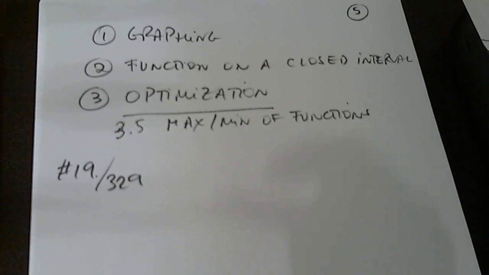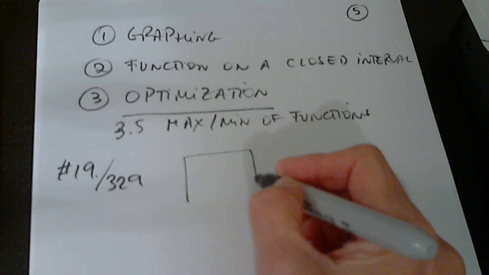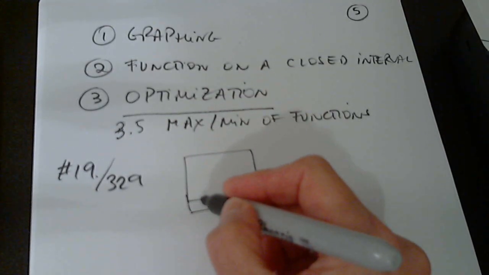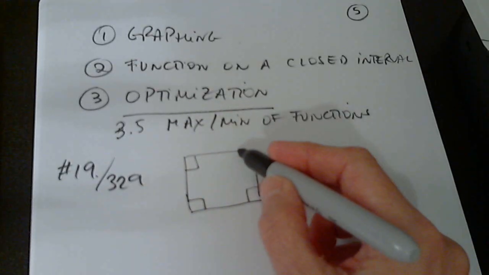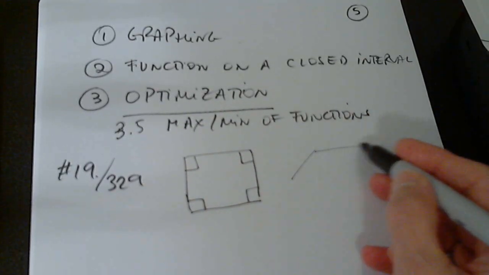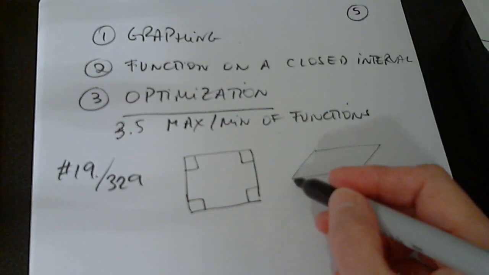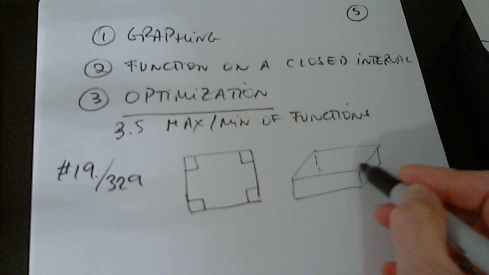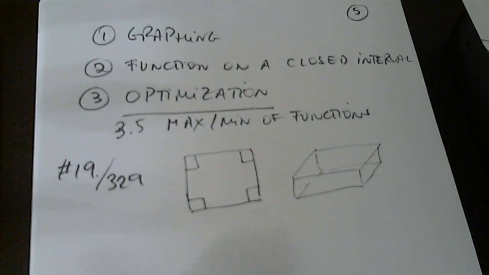Okay, so here's 20 by 20. And I have these corners coming out. So then I can create a box that looks like this. Okay, let's read on.